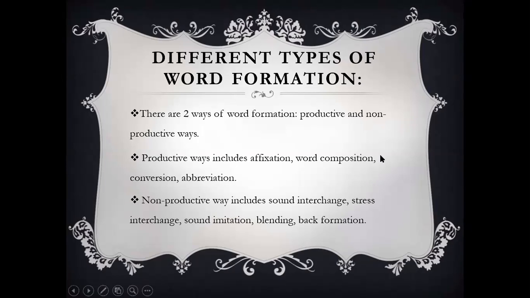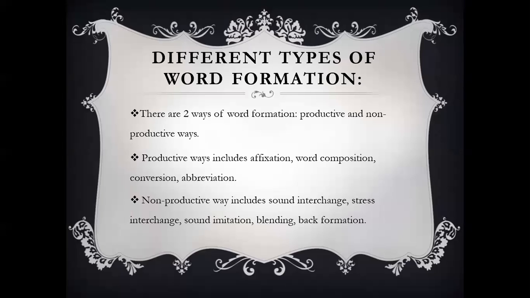So there are different types of word formation. At first there are two ways of word formation. We have productive and non-productive ways. So productive ways include affixation, word composition, conversion, abbreviation, and there is one more, clipping.